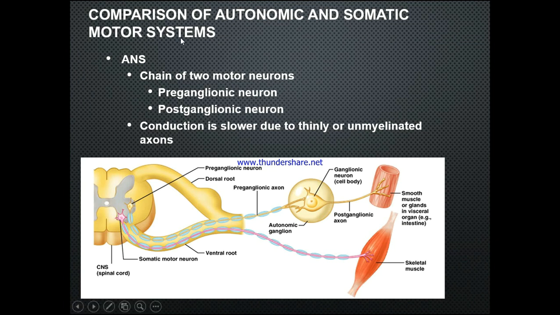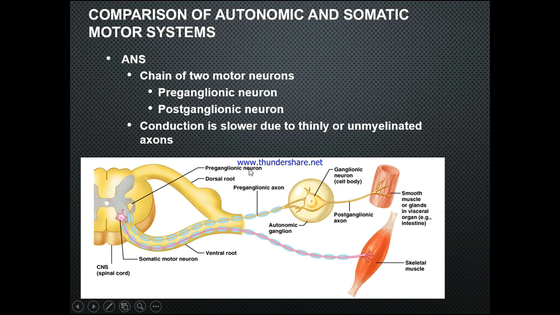Comparisons of the autonomic and the somatic nervous system. The autonomic nervous system has a chain of 2 motor neurons, preganglionic neuron and postganglionic neuron. Conduction is slower due to thinly myelinated or unmyelinated axons. So here we can just see the difference between the two. This is a somatic motor neuron, and we can see this long communication directly onto the skeletal muscle, all myelinated.